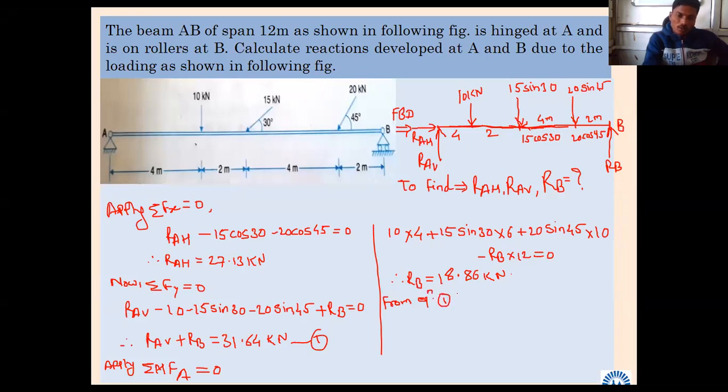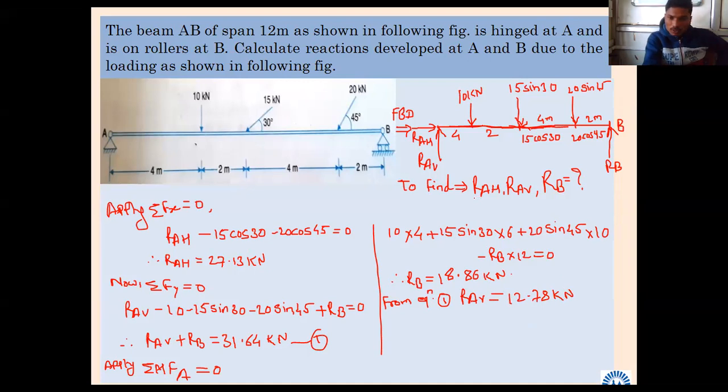From equation 1, we can get RAV. How much is it? 12.78.